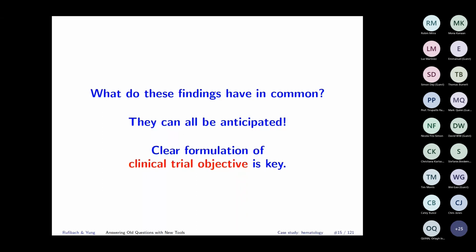If your clinical trial objective and your estimand are clear, it should also be clear which data you need to collect and which data maybe you don't need to collect. Okay, so that's a key implication as well. And then also when you have an estimand defined, the analytical method by which you estimate that estimand should also be defined up front and should be clear.